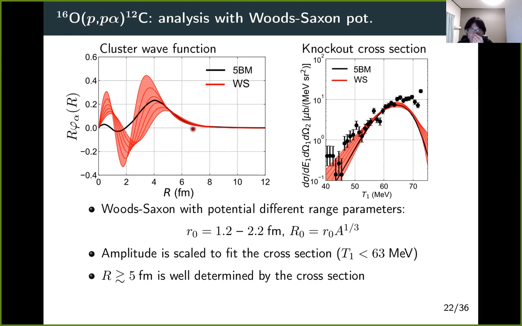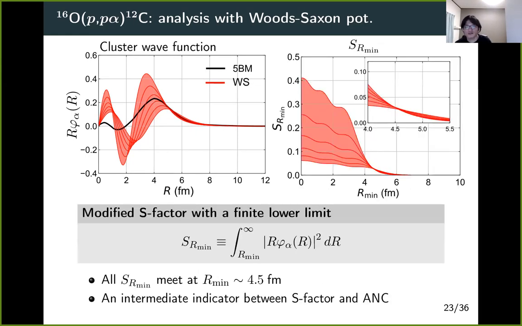Okay, this suggests that we introduce a kind of modified spectroscopic factor, a new definition, in which the minimum value of the radius is replaced by not 0 but some finite value. If this is 0, this simply gives the spectroscopic factor.